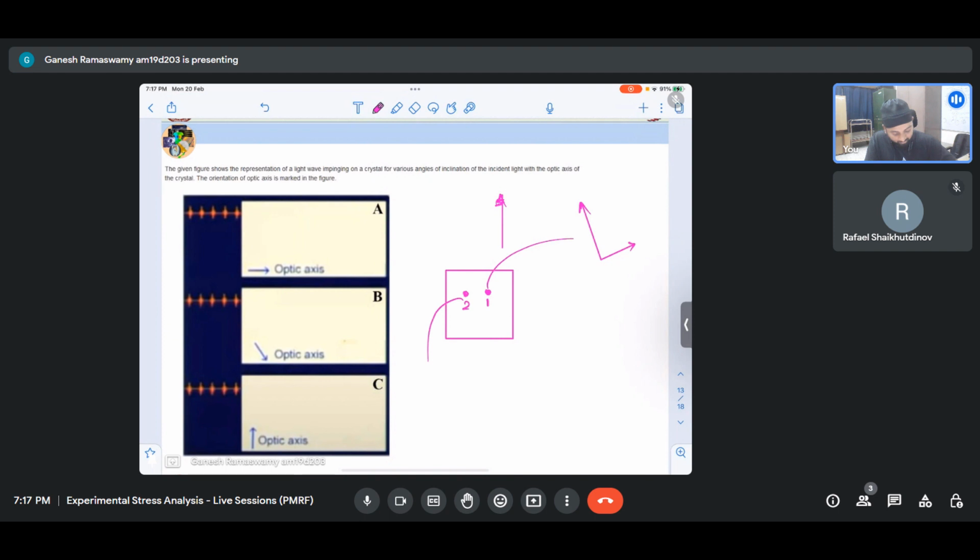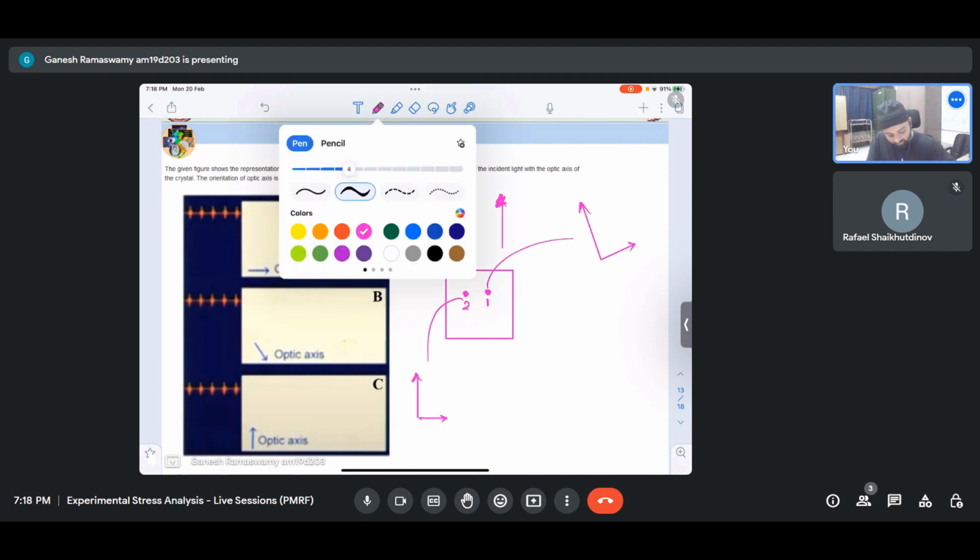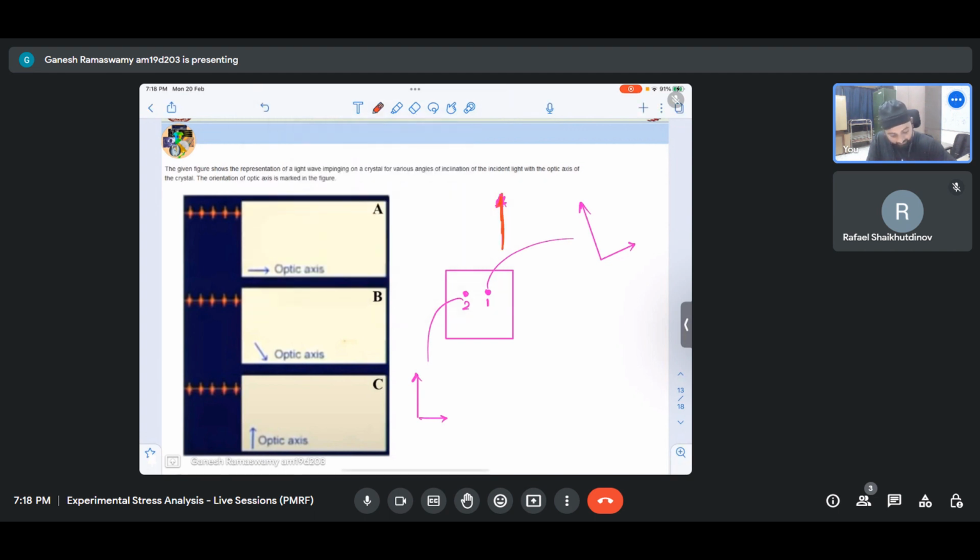At point 2, it just so happens that my orientation is exactly parallel to the x and y directions. Now this is my impinging light vector. Let me draw this in red. My impinging light vector impinges equally on both these points.